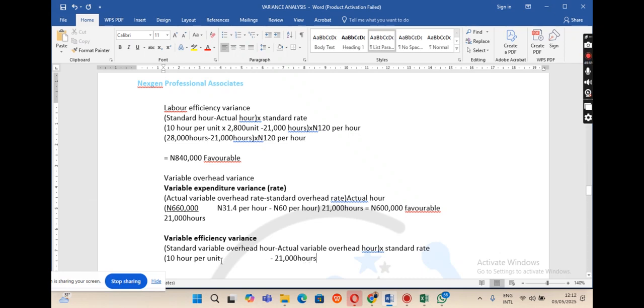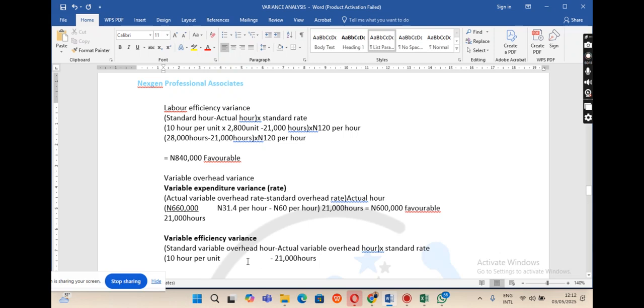Now, you can see that this is 10 hours per unit. Just like the way we did efficiency, you cannot compare 10 hours per unit with the actual variable overhead hours of 21,000 hours.